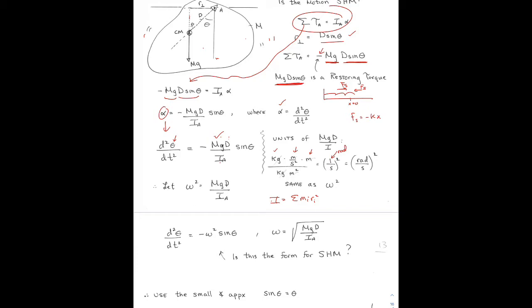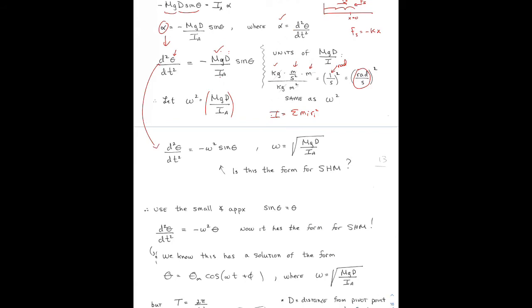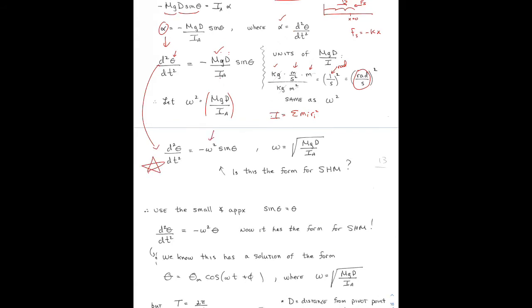Then I look at that and say, oh, that's the units of omega. So this whole thing has units of omega squared. I'm going to call mgd over I omega squared, which has units of angular frequency squared. Then I rewrote this. Now I've got an omega sitting here.